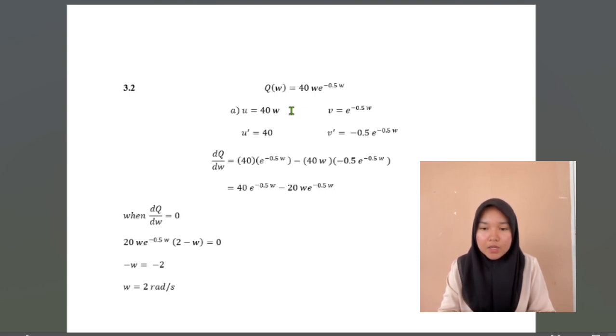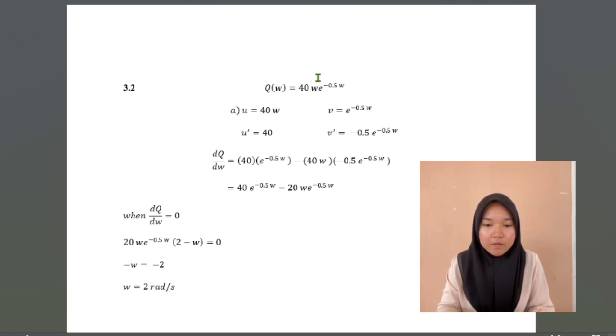Then V differentiate it, we're going to have V prime equal to negative 0.5 e power of negative 0.5 W. So we insert it into the formula, the product rule, which is U prime times V plus V prime times U. So we insert it, then we're going to get dQ divided by dW equal to 40 e power of negative 0.5 W minus 20 W e power of negative 0.5 W. So when dQ divided by dW equal to 0, so 20 e power of negative 0.5 W open bracket 2 minus W close bracket equal to 0.